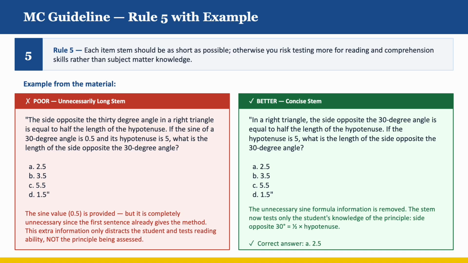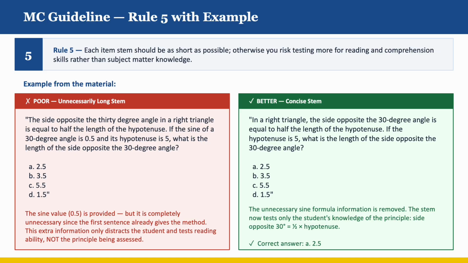And the good version removes the unnecessary part. In a right triangle, the side opposite the 30-degree angle equals half the hypotenuse. If the hypotenuse is 5, what is the length of the side opposite the 30-degree angle? What was removed? The sine value, which is the 0.5. Why?